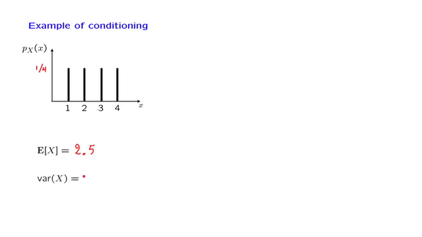We can also calculate the variance, and here we can apply the formula that we have derived earlier, 1/12 times b minus a times b minus a plus 2. And in this case, it's 1 over 12 times b minus a, which is 4 minus 1, which is 3. And the next term is 5. And after we simplify, this is 5 over 4.